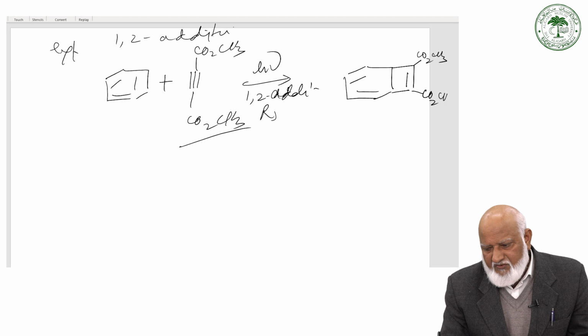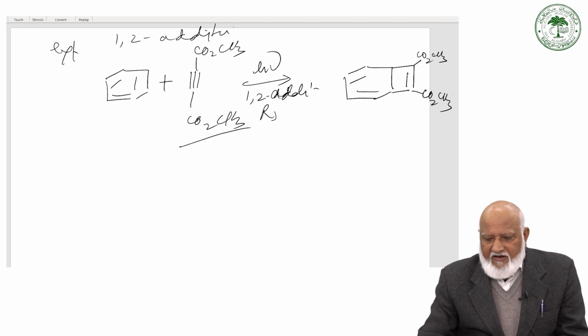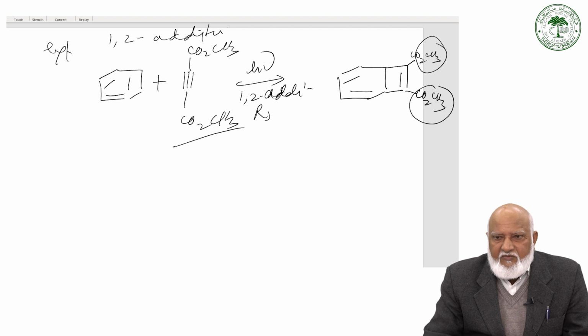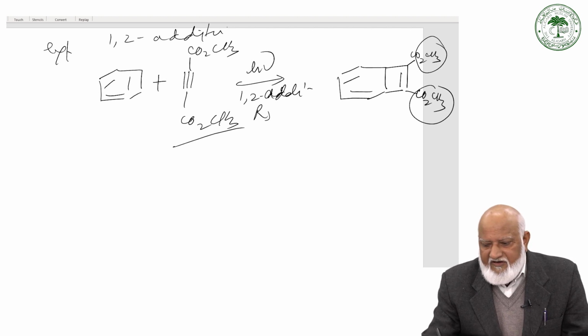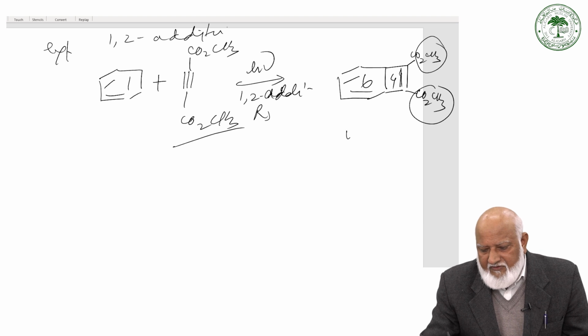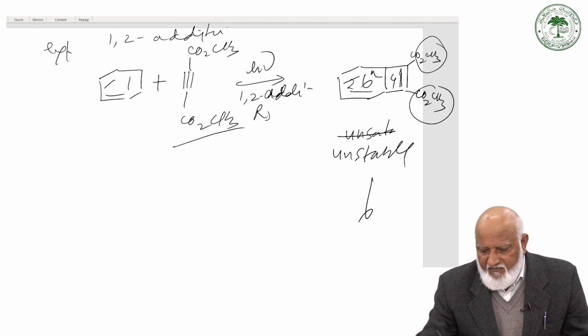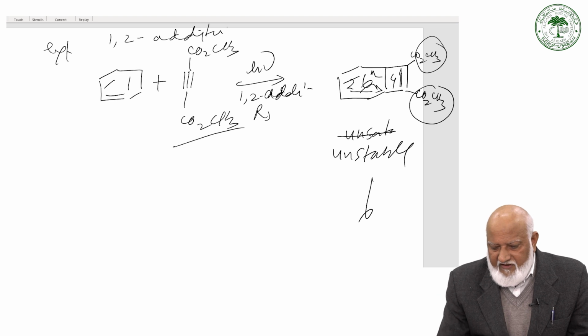CO2CH3. But since dimethyl dicarboxylate is a bulky group, and there is a double bond here, a 4-membered ring fused to a 6-membered ring is unstable, and then it opens up to form an 8-membered ring.